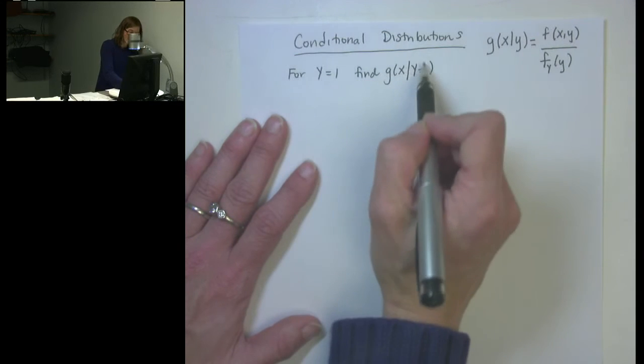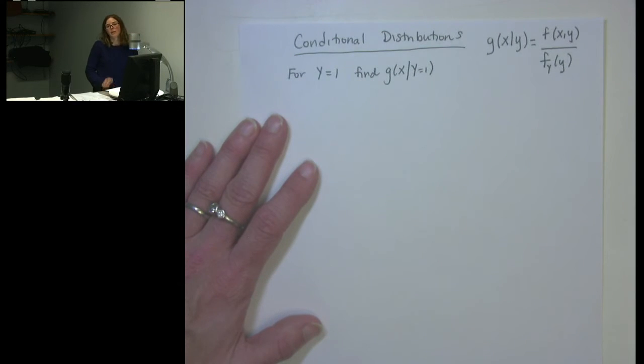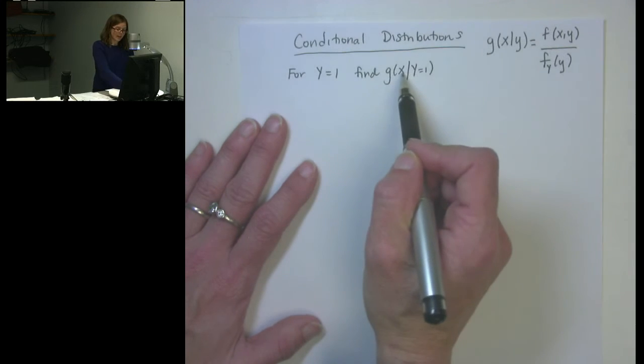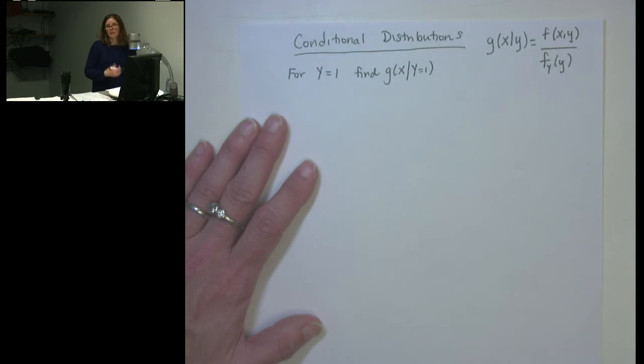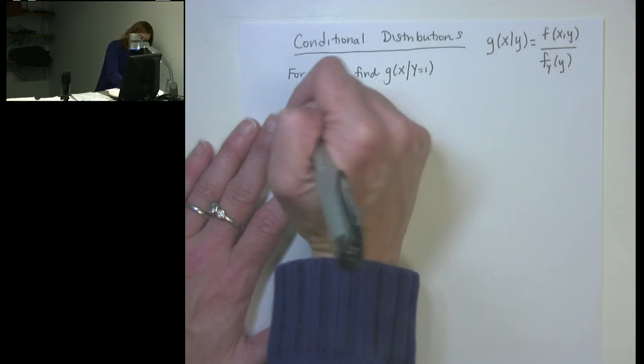So if I know that I roll 1 on the second die, what's the probability that I roll 0, 1, or 2 even numbers in the 2 dice? This is what we're going to look at.